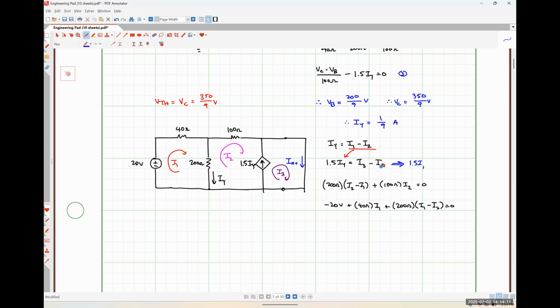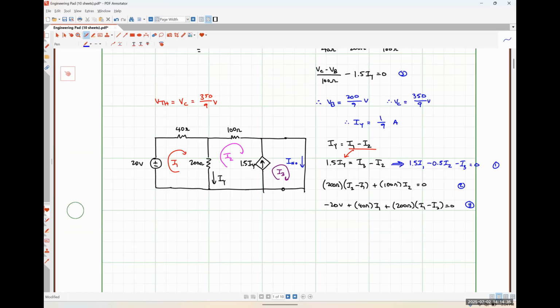So when I add that over, that's going to leave me with minus 0.5 I2. And then when I move I3 over to the left-hand side, that's going to look like minus I3 is equal to 0. And so now I have 1, 2, and 3 equations to solve for.